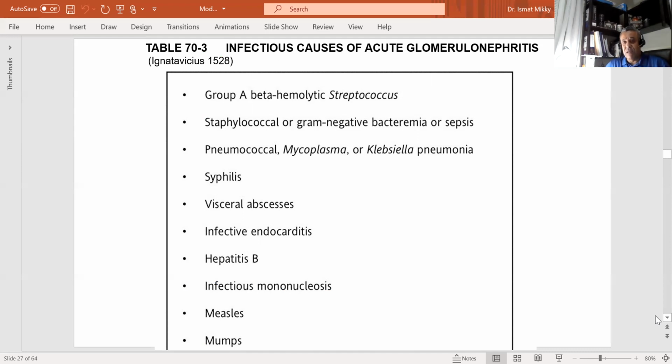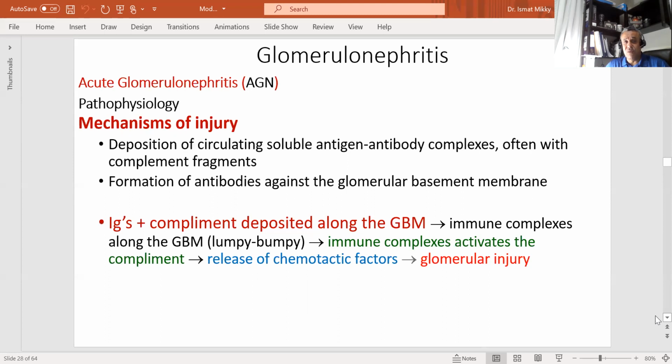In pyelonephritis, for most scenarios, both kidneys are not affected equally. So in GN or AGN, both kidneys will be affected equally, and that's one of the differences between AGN and pyelonephritis.